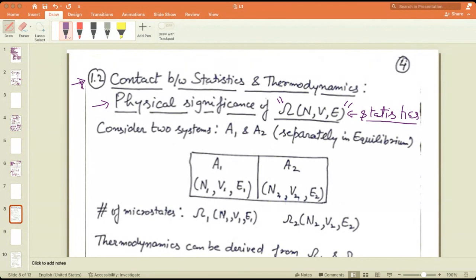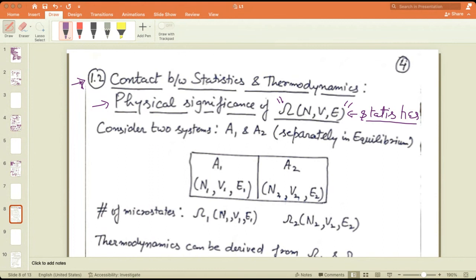Thermodynamics is not basically a property of individual particles. Historically, thermodynamics is meant to be for macroscopic or bulk systems, and for a bulk system we don't talk about quantum mechanics. Quantum mechanics is when we are dealing with quantum particles or at microscopic levels. But there is a strong link.